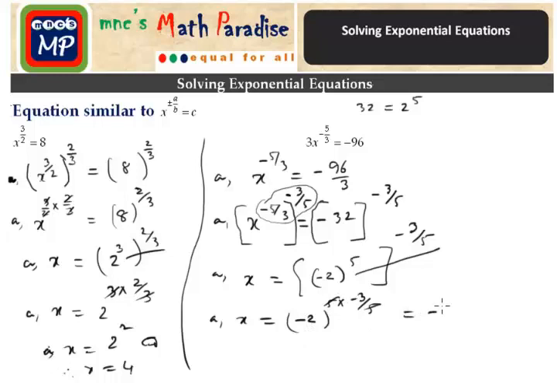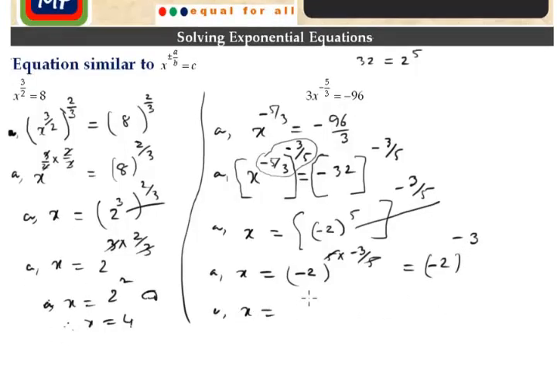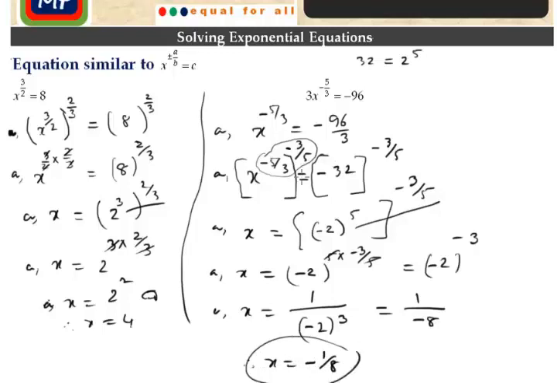We are getting (-2) to the power -3, and we know the negative power we can write as a positive power by bringing it down. So 1 over (-2) to the power 3, which gives us 1/-8. Therefore x equals -1/8. So this approach to get rid of the fraction power on top of x is very useful.